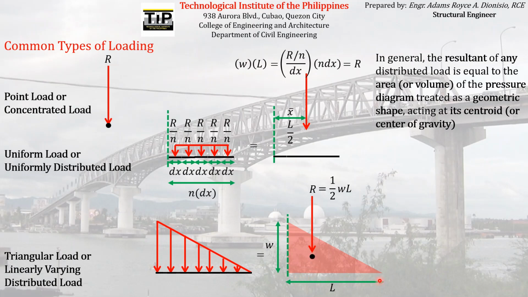So kung length na to ay L, therefore yung 1/3 niya is L over 3. So, ang location ng centroid ng triangle from the height is just 1/3 no base. So, L over 3 lang siya. So therefore, yung resultant pala nitong distributed loading na to is just equal to 1 half WL located L over 3 from the edge na to. So nakuha na natin agad yung resultant nito as well as its location.